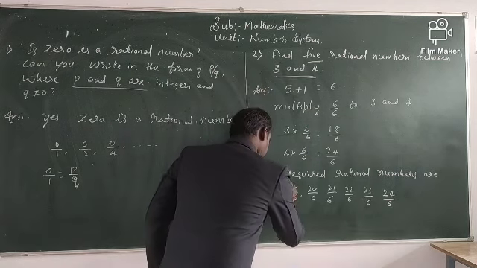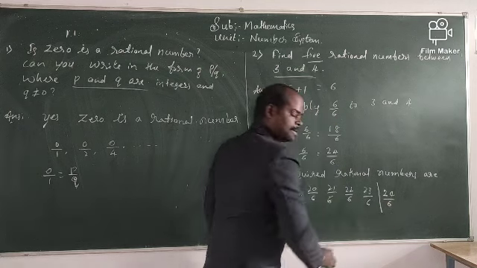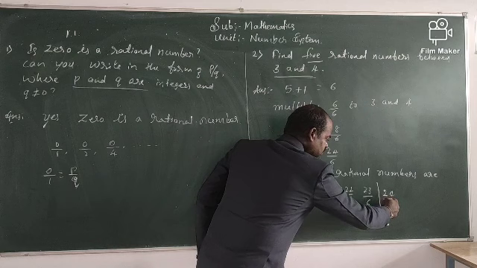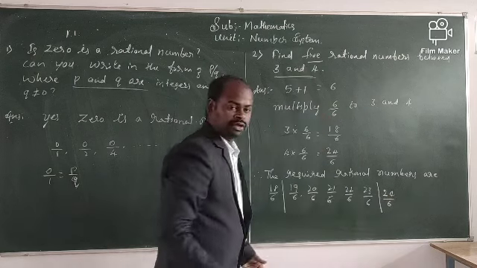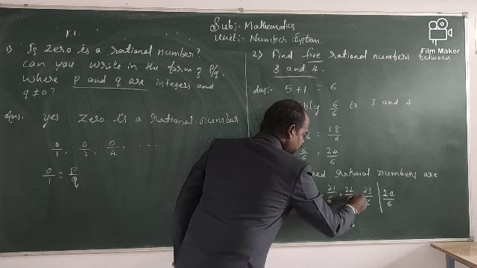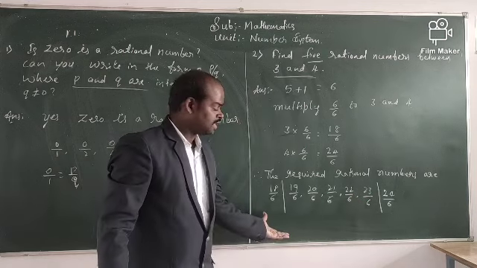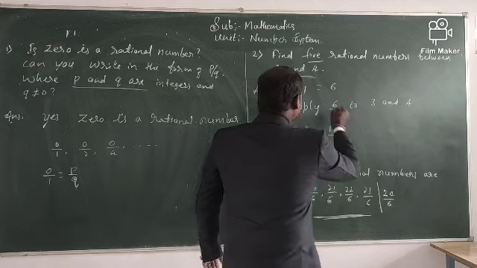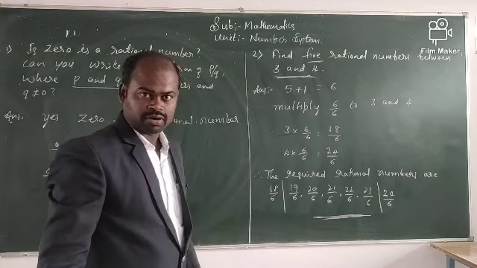Understand? See here. 18 by 6, bring it out, and 24 by 6, take it out. Then count. How many numbers are there? 1, 2, 3, 4, 5. Understand? These are the required rational numbers in between 3 and 4.